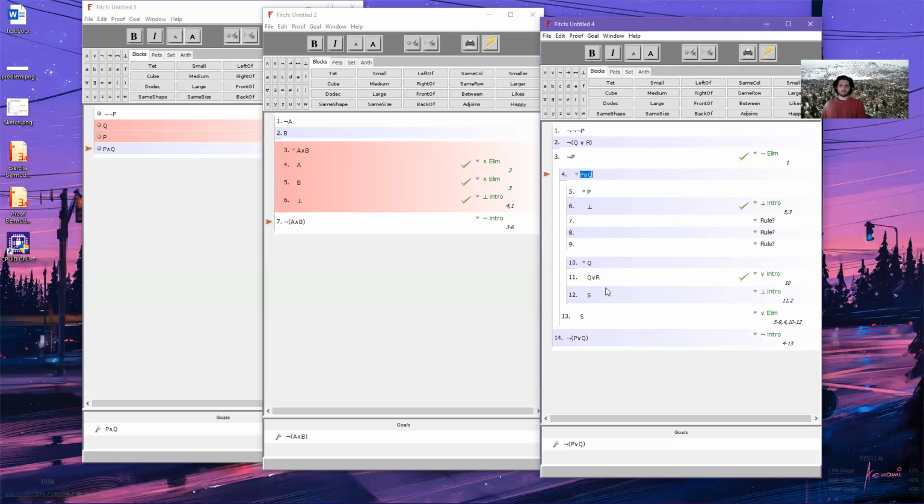So, P or Q, you're trying to get to some conclusion S. And you know Q will lead to S somehow. I don't actually know P will, but up here you've already pointed out P isn't true anyway.